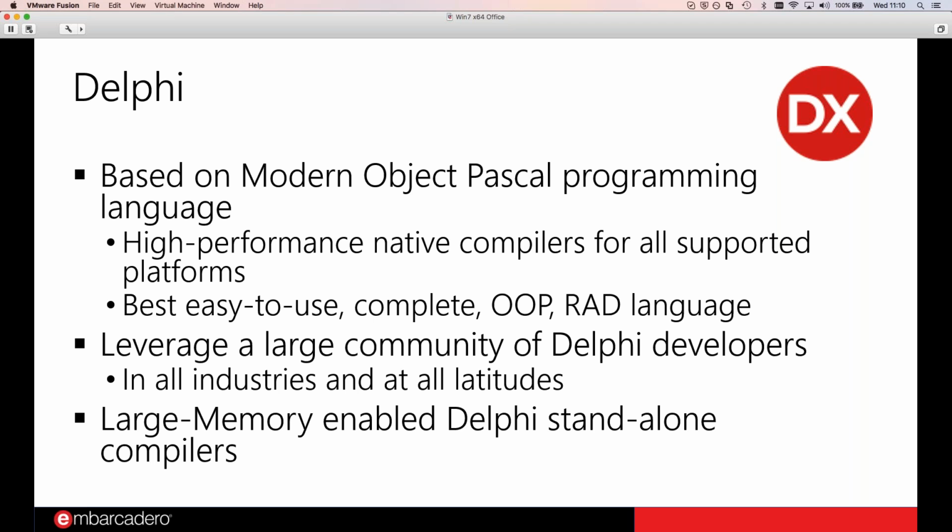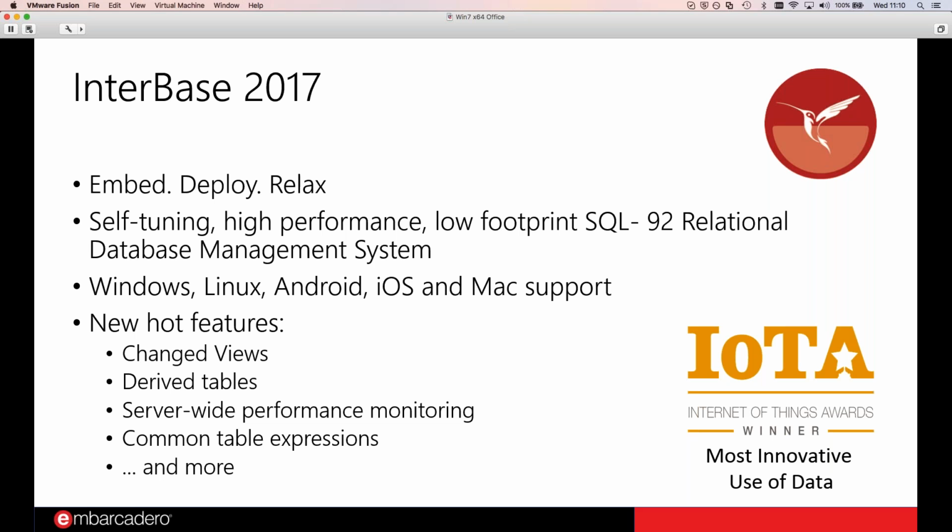In Delphi, there are some new things like a large memory enabled Delphi standalone compiler. You can use the Delphi integrated compiler in the IDE, but sometimes you may want a continuous integration scenario where you want a command line Delphi compiler. There are some new improvements in the command line Delphi compiler in the upcoming version of RAD Studio. Also, another flagship product of Embarcadero is InterBase. Just a few days ago this week, the latest InterBase 2017 version has been released.